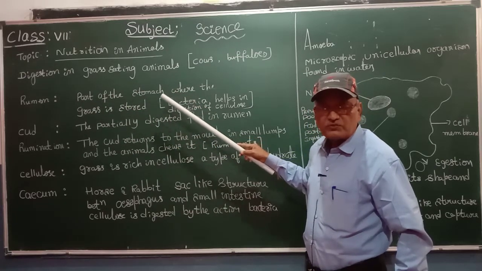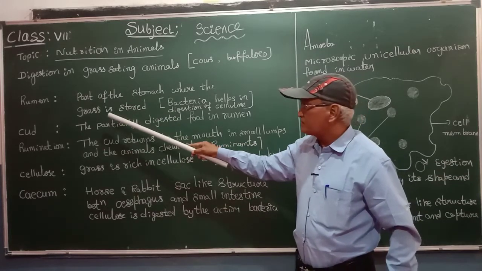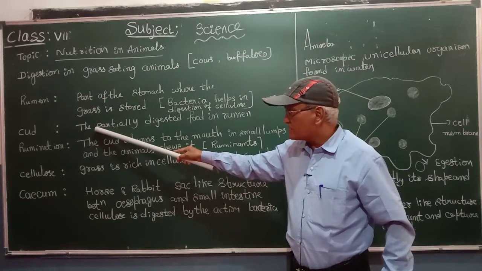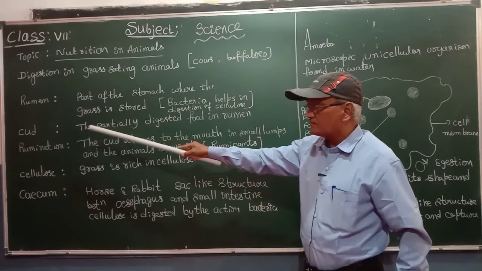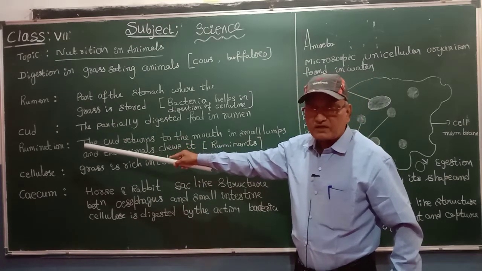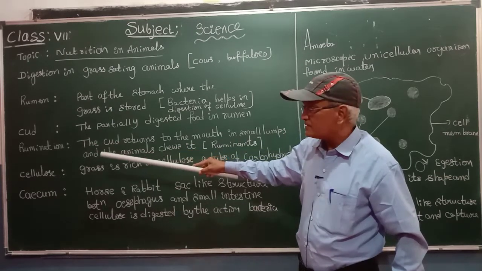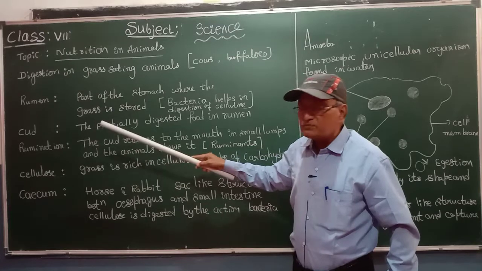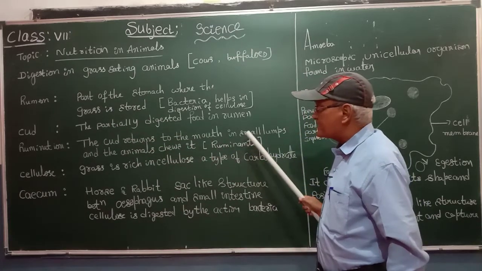The partially digested food which remains in the stomach, we call it cud. The cud again returns to the mouth and is chewed by the animal. We call it rumination. The animals in which this process takes place, we call them ruminants.